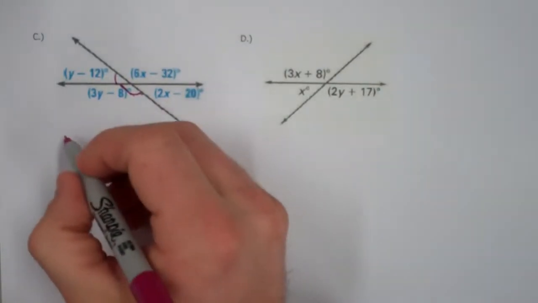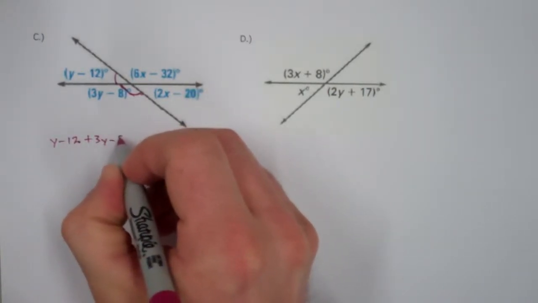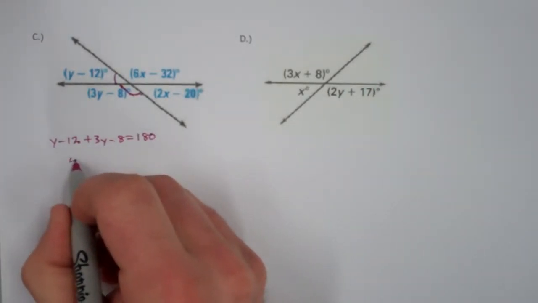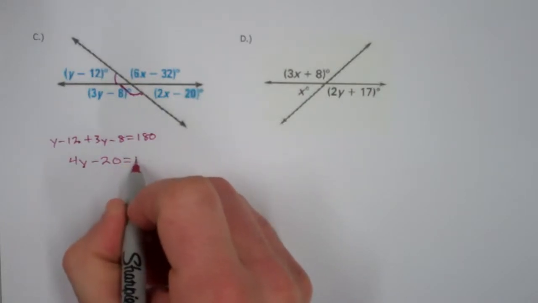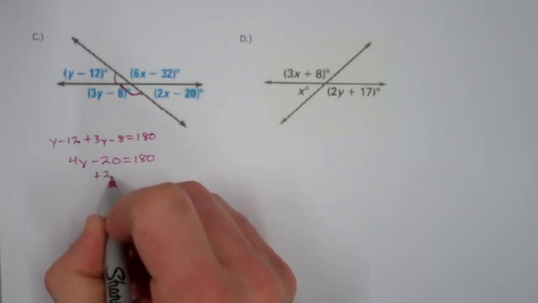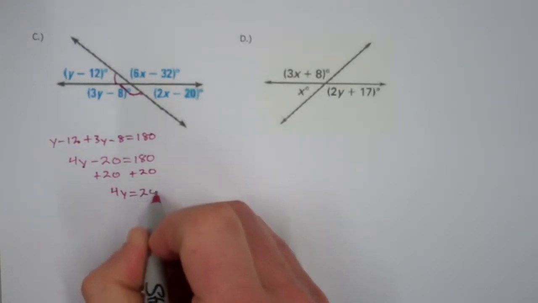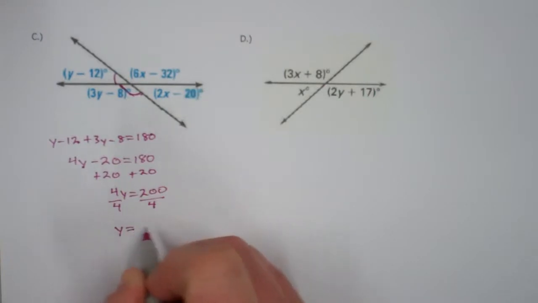They're supplementary. So we're going to do y minus 12 plus 3y minus 8 is equal to 180. y and 3y is 4y. Negative 12 and negative 8 is negative 20. We'll add 20 to each side. Divide by 4. So y in this case will be 50.